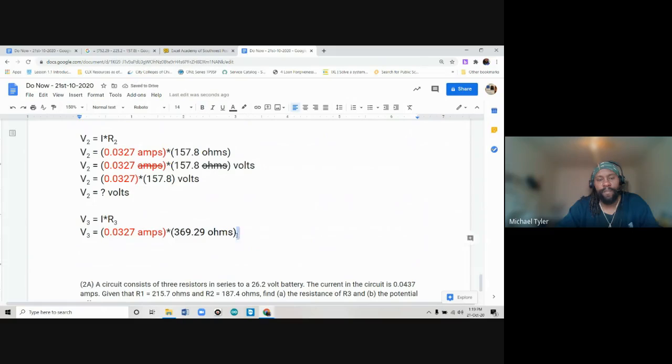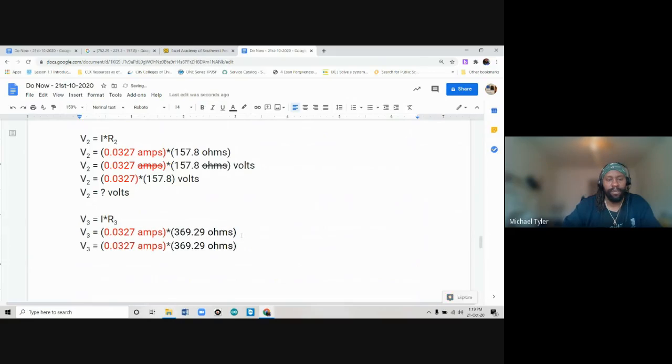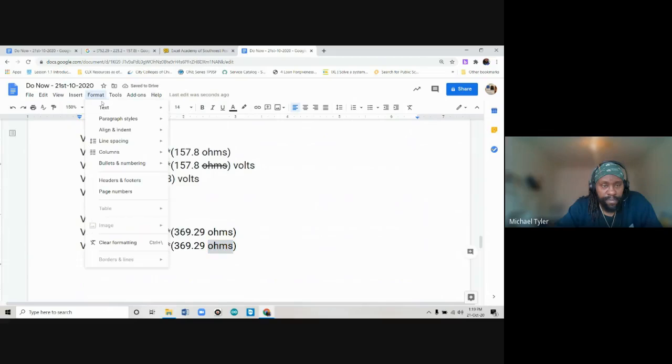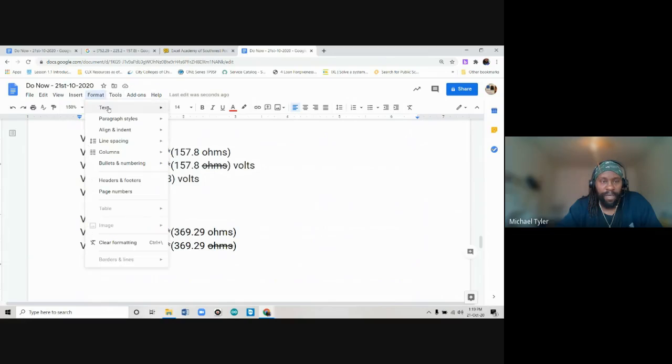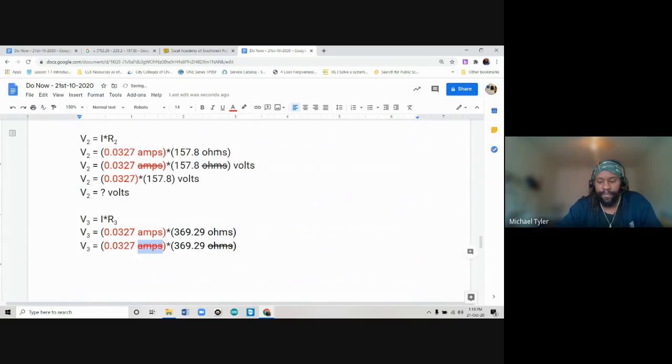So now what you end up with is you have to cancel things out again, right? And this crosses out. And this crosses out. And you have volts on the outside of that, right?